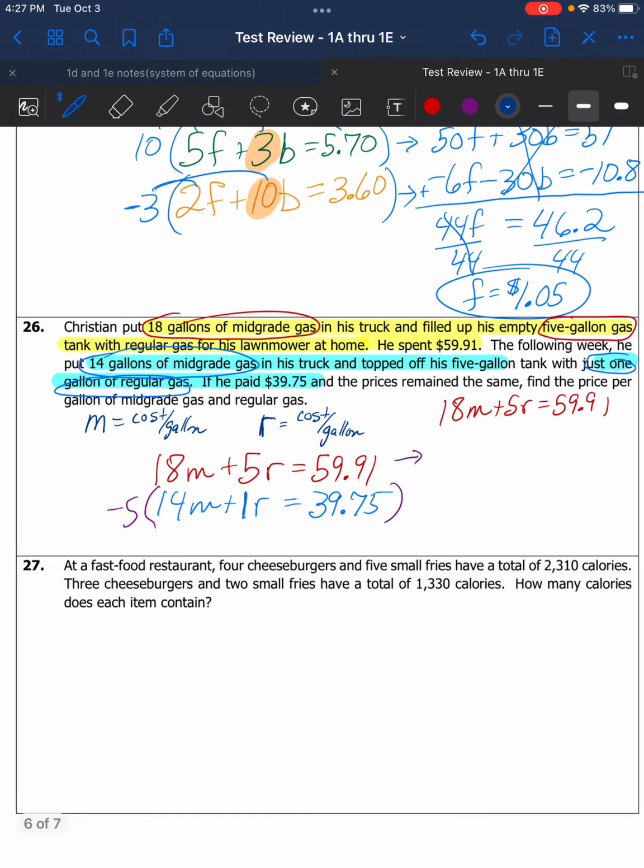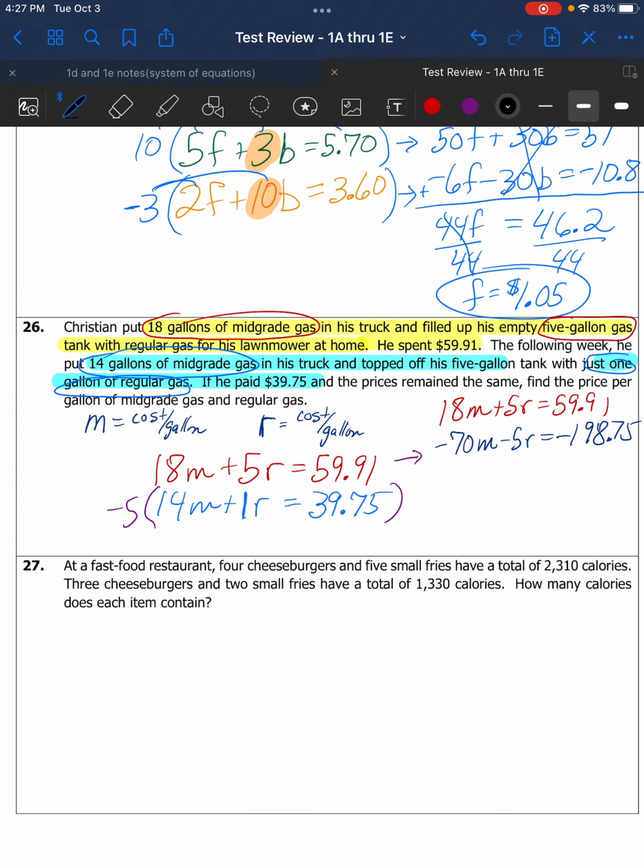And then multiplying the bottom through, it'll be a negative 70M minus 5R equals, I don't know what 39.75 times 5 is, negative 198.75.